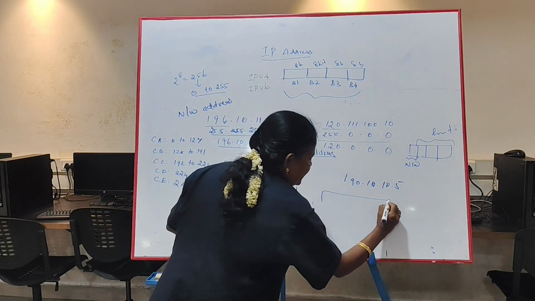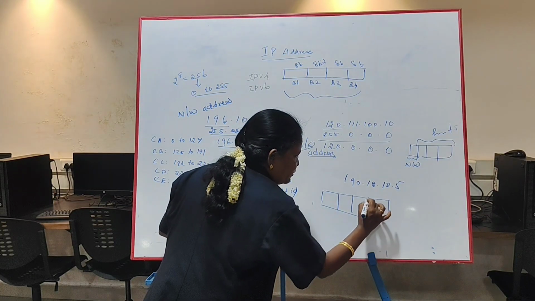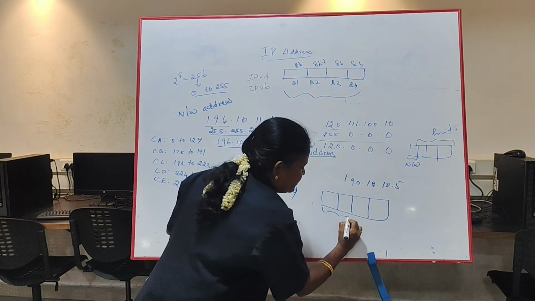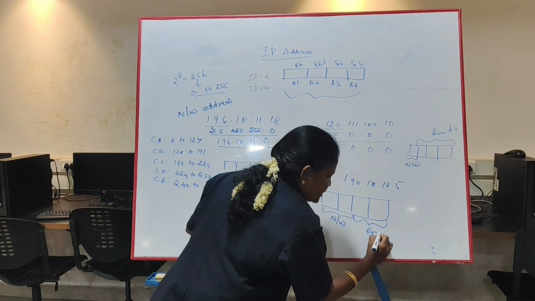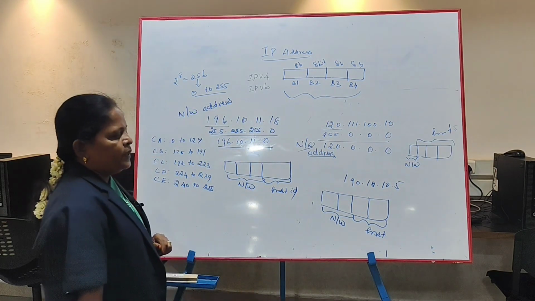Considering class B, every time you should remember, out of 4 bytes, the first 2 bytes will be the network address. The remaining 2 will be the host address, the host ID, right?